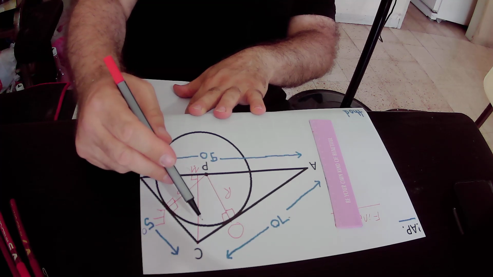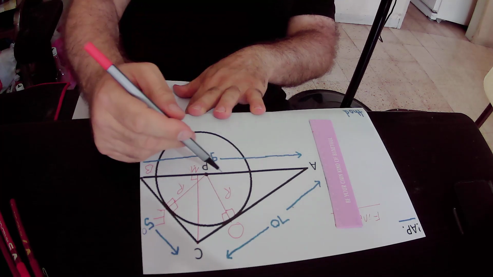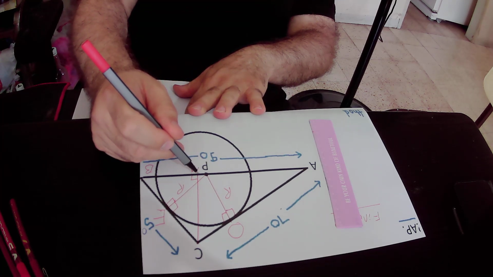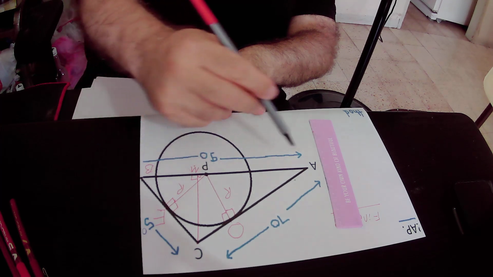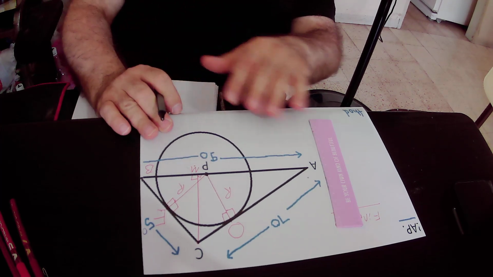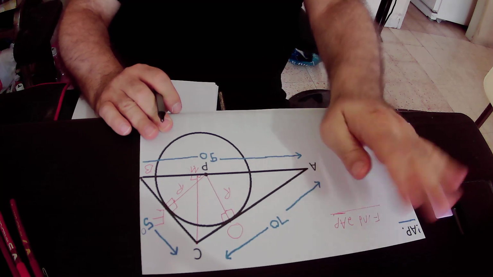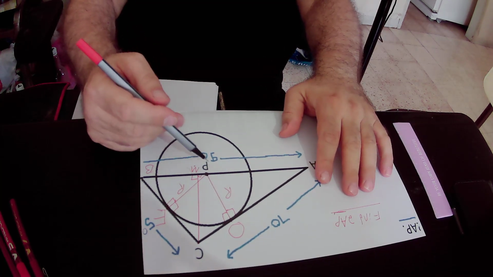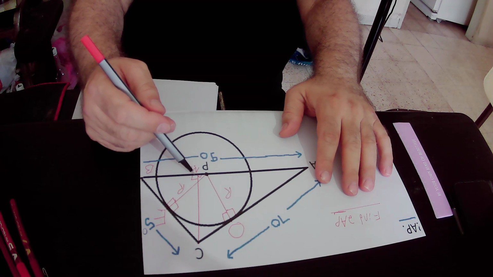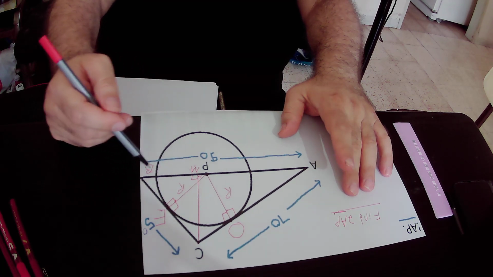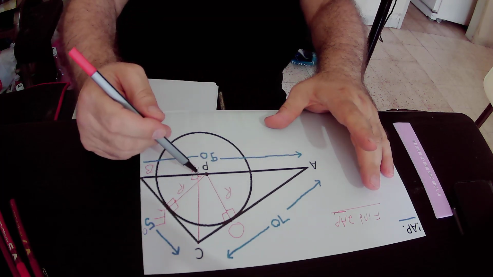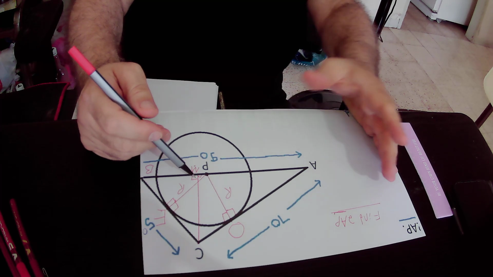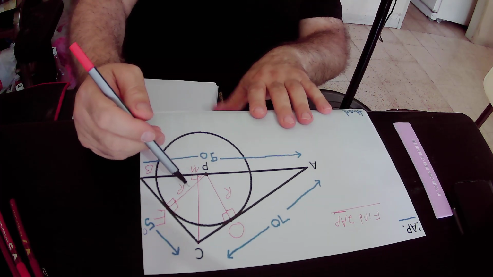And also, angle CMA will be 90 degrees because of the fact that CM is perpendicular to AB. So from both sides of point M, we have 90 degrees. Angle CMB is 90 degrees, and also angle CMA is 90 degrees. So actually we created here two right triangles.